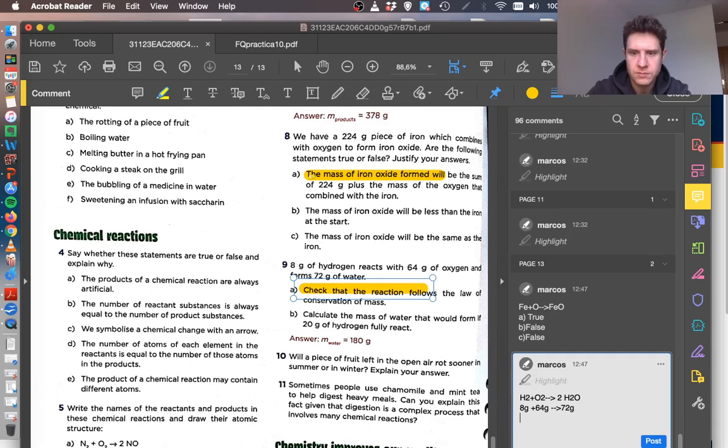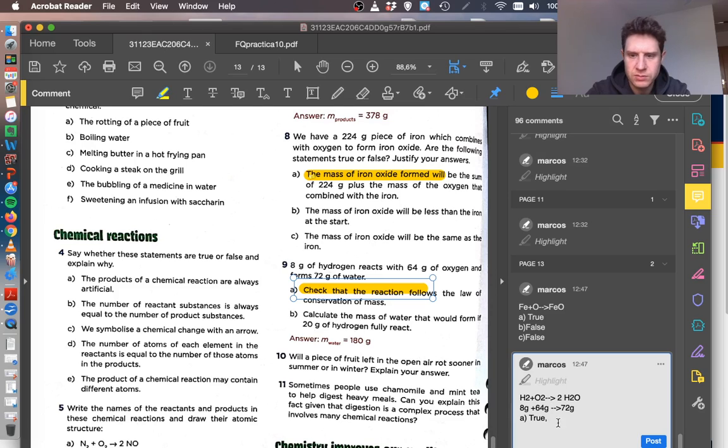Yes, A is true. It's true. Yeah, the law of conservation of mass.